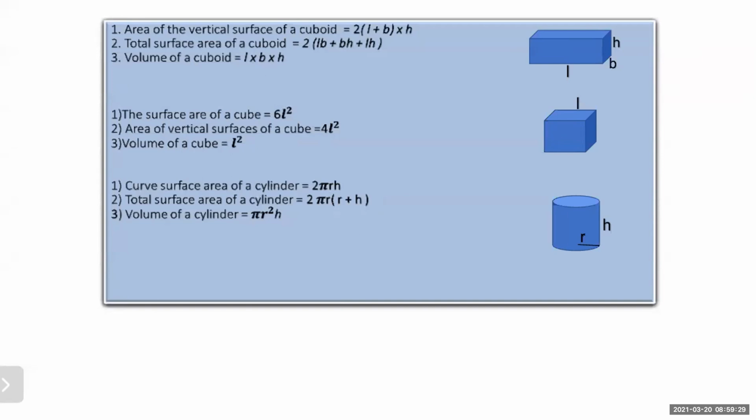I told you that I have divided the whole chapter into 2 parts. In the first part, we are going to study only the cuboid, cube, and the cylinder. And in the second part, we are going to study the cone and the sphere. So first we will look at examples based on this first part.